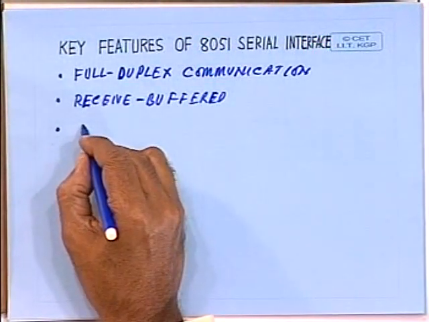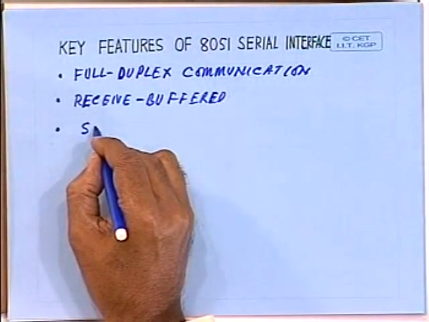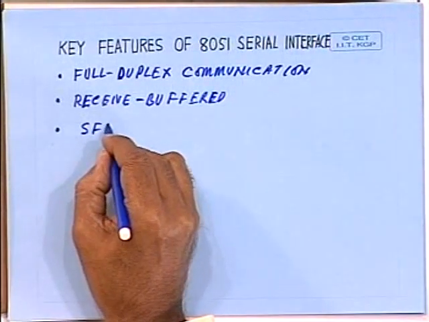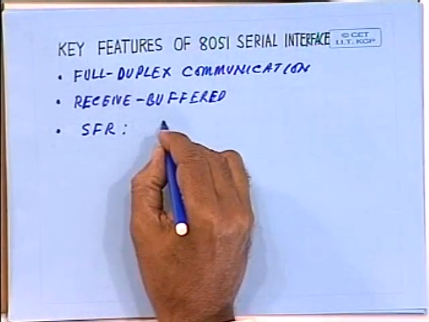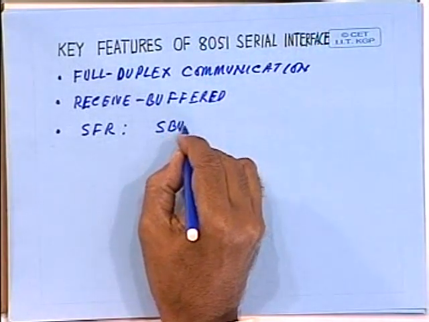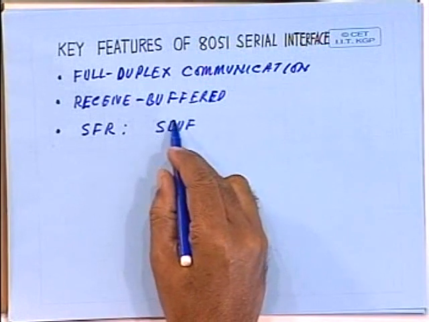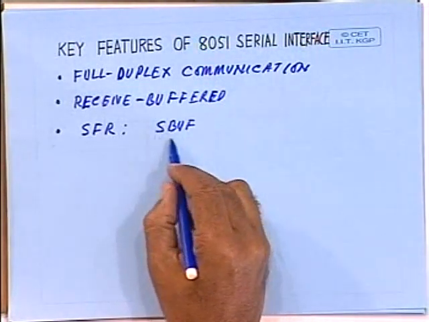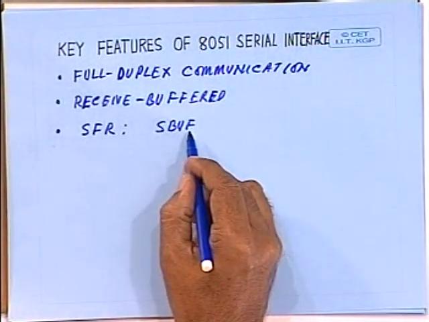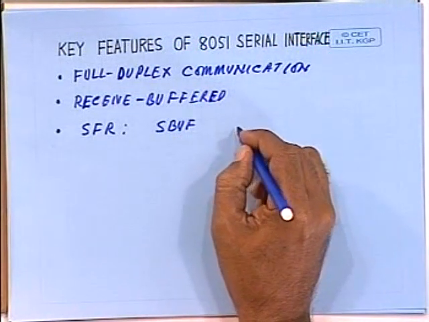Then a special function register is provided, which is known as SBUF. This is the mnemonic that is being used, SBuffer. Although a single register is available for communication, physically you have two such buffers inside.